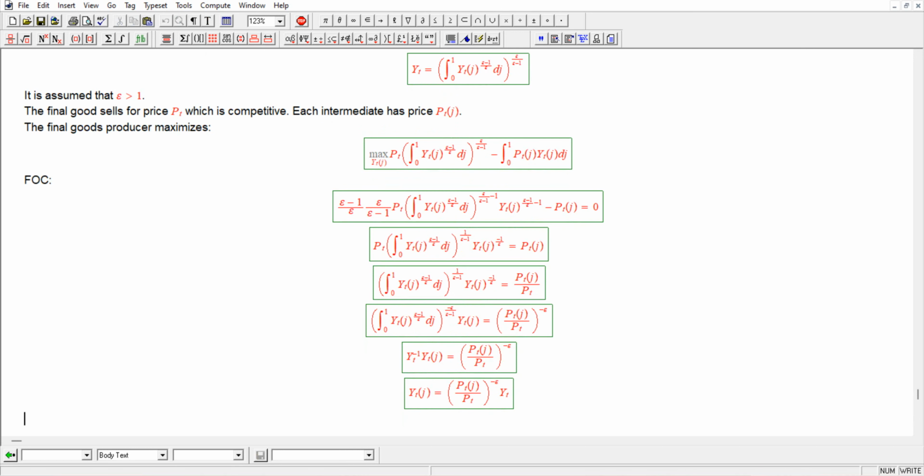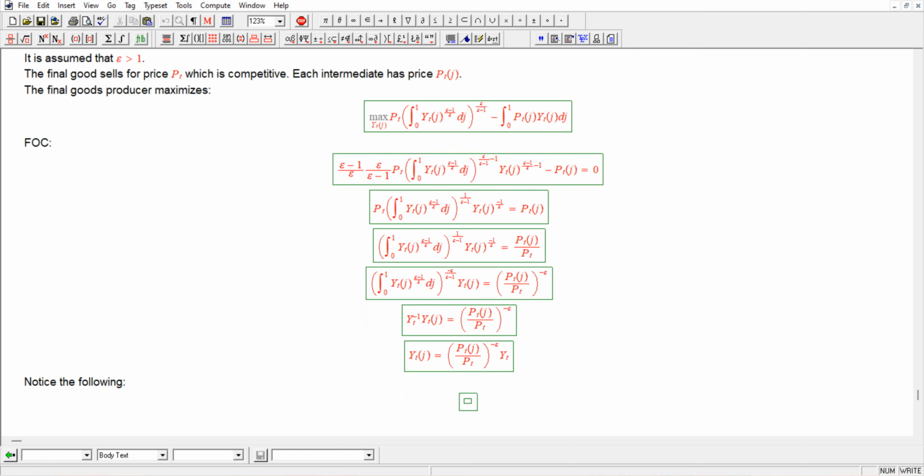Now, before moving on, we are in a good situation to derive how the aggregate price index depends on the individual prices. So, notice the following. Since we have constant returns to scale, that means that total production equals total spending on inputs.